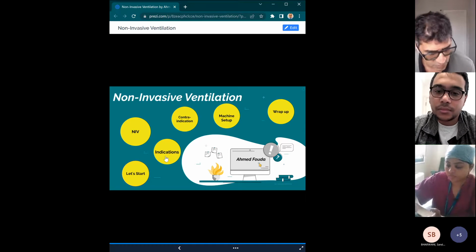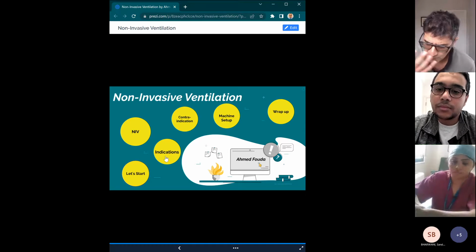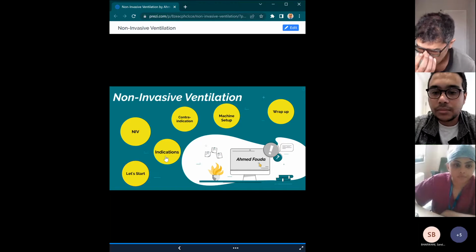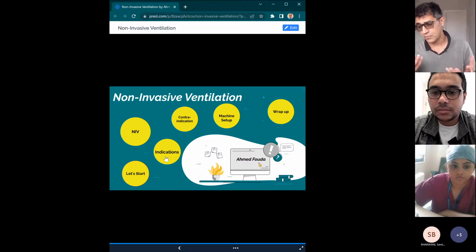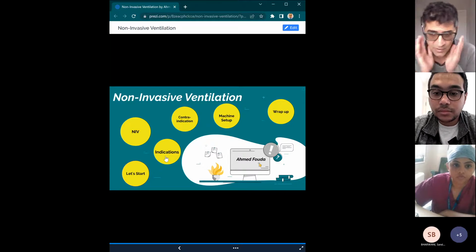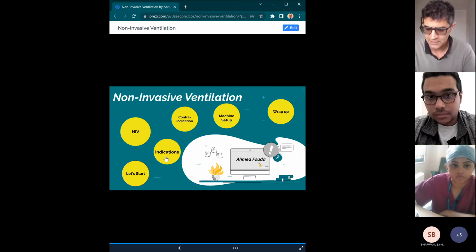And obviously, if it's on for a long time, people have different sized faces, and you don't always get a seal. Now, unless it's sitting properly, it's just not that effective. So if I'm over on the ward, I always try and put my hands around to see how much of a leak there is, and I'm always readjusting it.